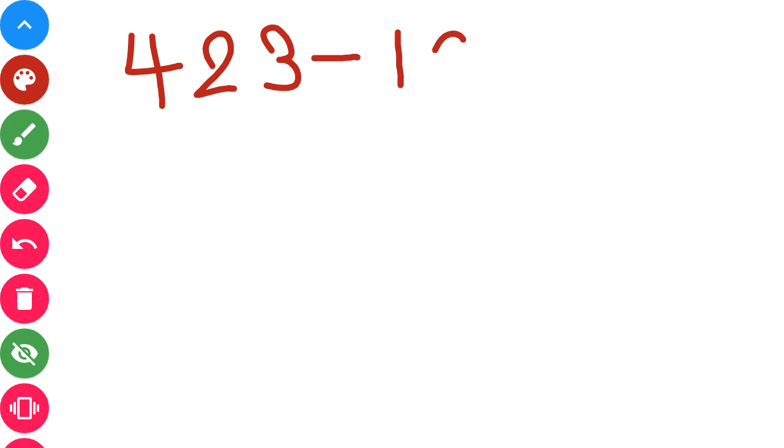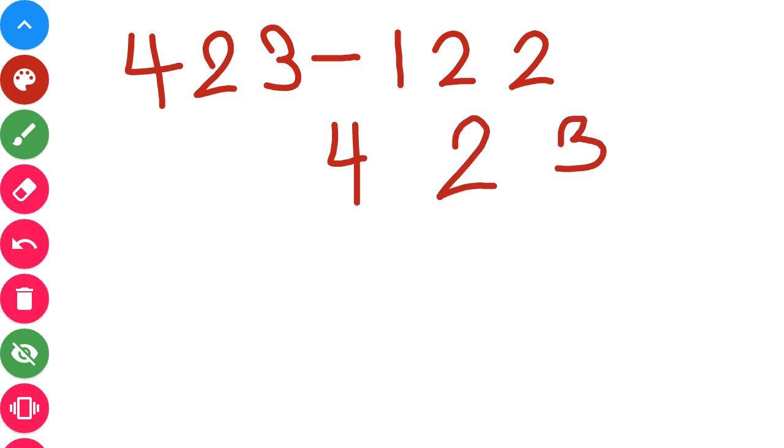Suppose I have to subtract two numbers, that is 423 and 122. So what will I do first? Yes, I will write the greater number first. So 423. Then we have to write the smaller number below it.